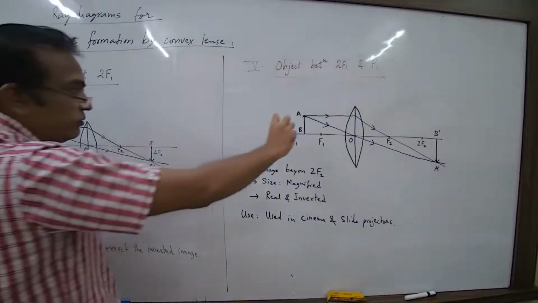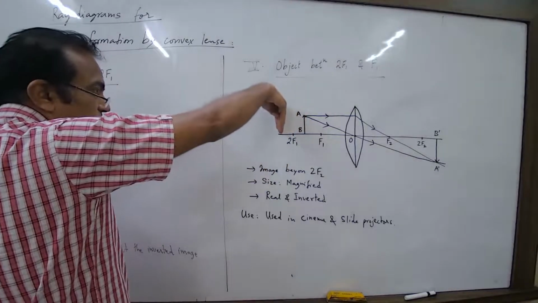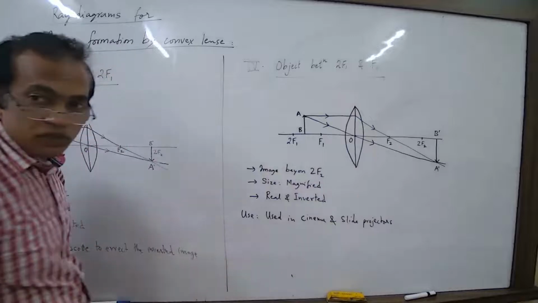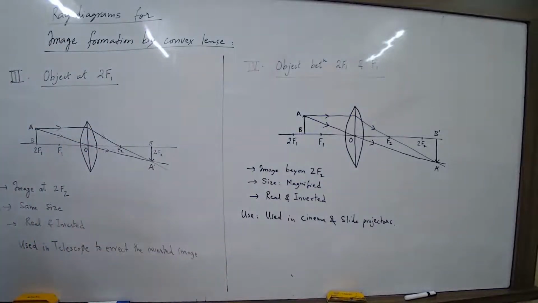Right? So the film is kept inverted here so that you get the erect image behind the lens. And it is also magnified.